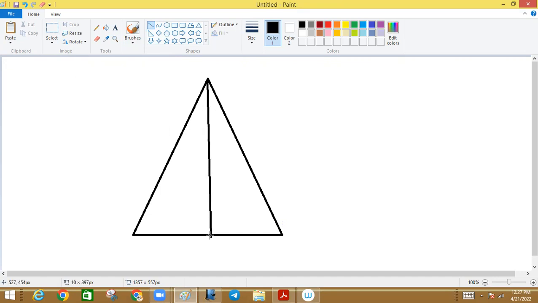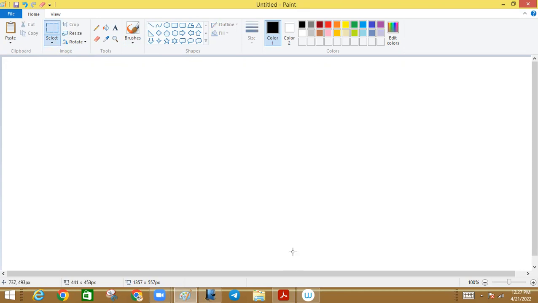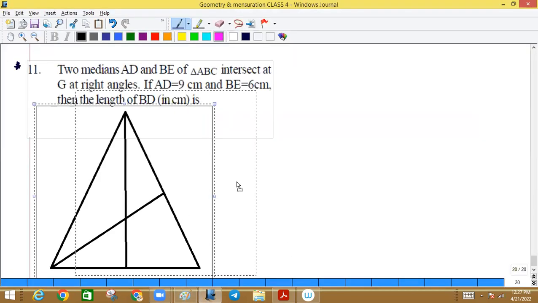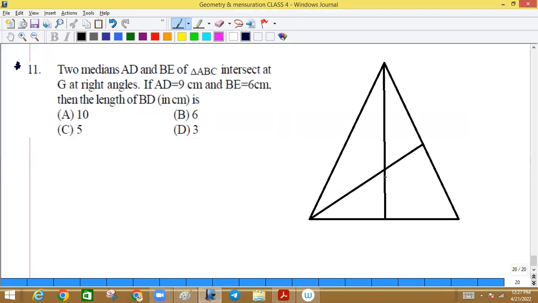You take it as right angles. I'm taking it like this only. What is the angle between them? Right angle, right angle, right angle, right angle. Okay. And what are those? A, B, C, and D and E.